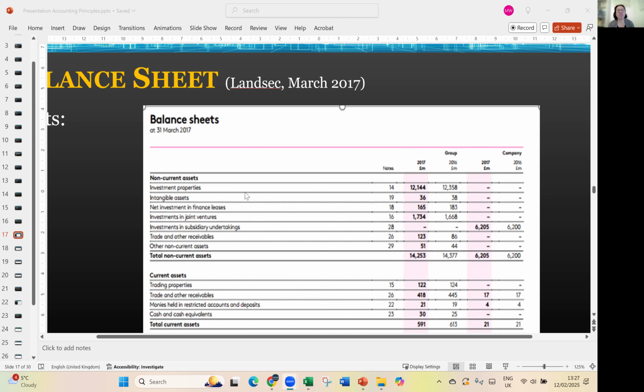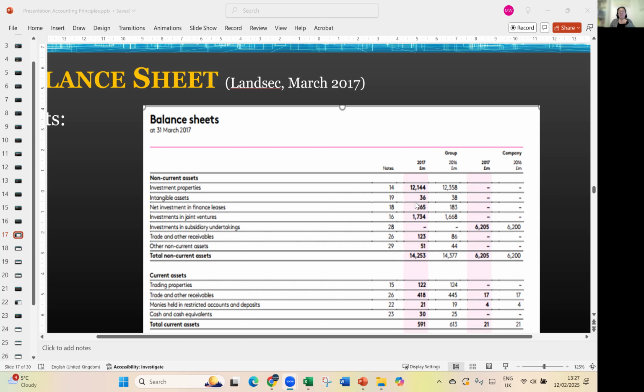It is more volatile than jurisdictions like, I would say, Germany that don't have that much valuation, or even the US that don't revalue their assets on the balance sheet.